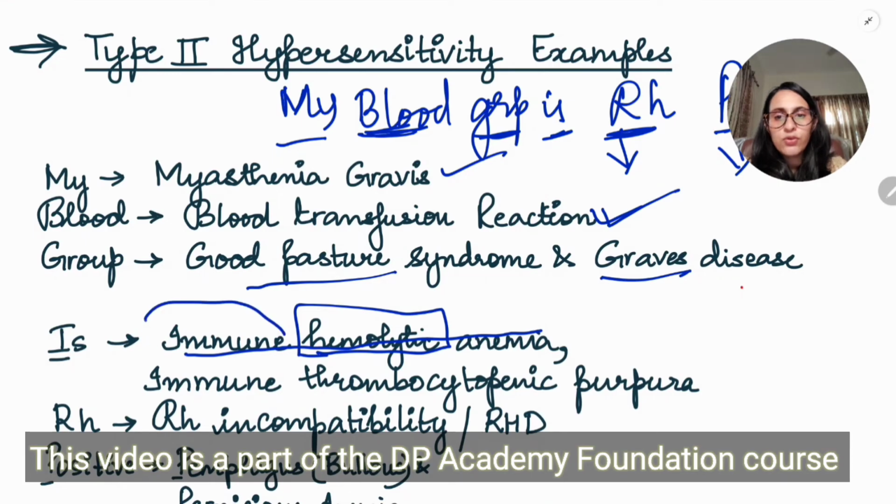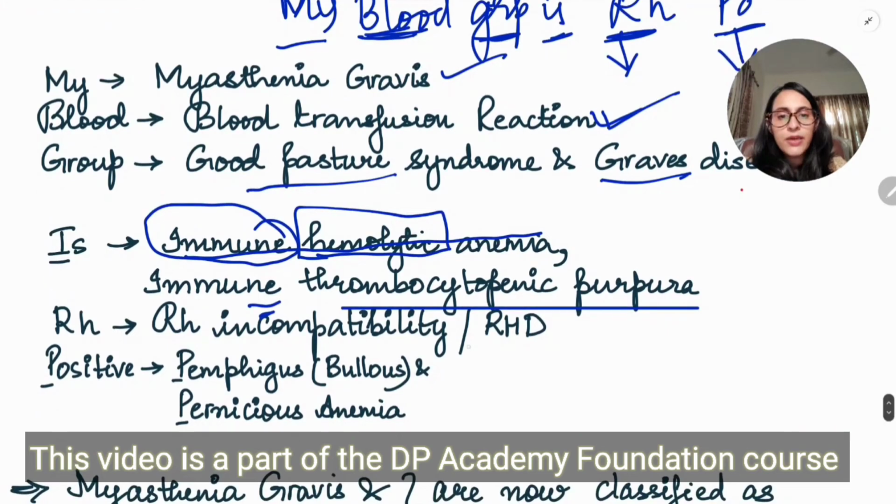RBCs are going to break down because of an immune reaction, so the antibody breaks the RBC. Immune thrombocytopenic purpura means platelet breakdown due to antibodies. Rh incompatibility means the wrong Rh blood group is transfused to the individual. P is pemphigus, the bullous form of pemphigus, and pernicious anemia, which is B12 deficiency or megaloblastic anemia.